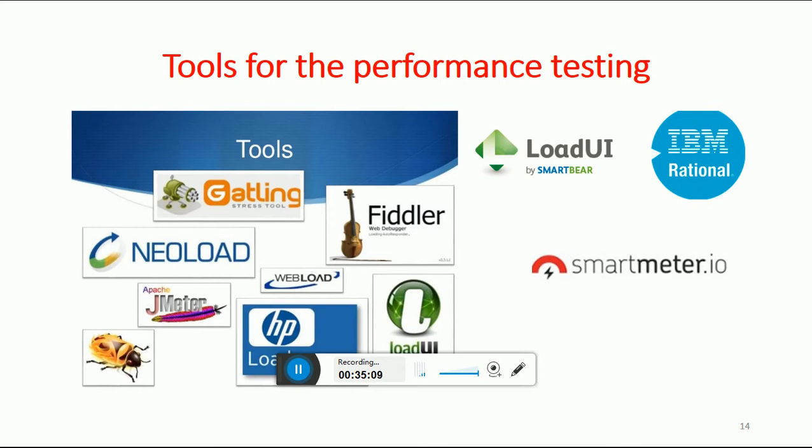There are a number of tools available in the market. In my upcoming videos I will show you one tool, then the next tool, and so on, as many tools as possible that you can use for performance testing.